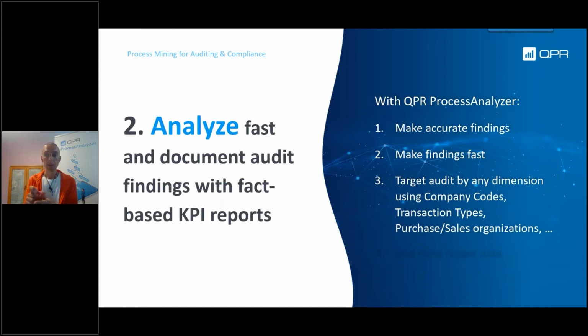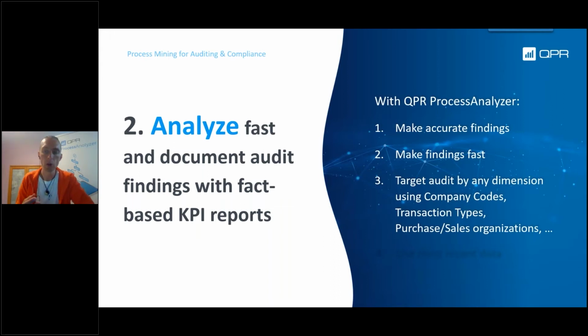So you can take these nice snapshots for your audit so that the auditor doesn't need to worry about the data quality issues in the whole global organization, but can focus on that particular dimension, which is the focus of the audit. Of course, the overall picture is really good in order to select the targets for the audit, but once you have selected a target, you can just run a full analysis of that particular company code, for example, and get a full analysis of their processes and make audit findings based on that.